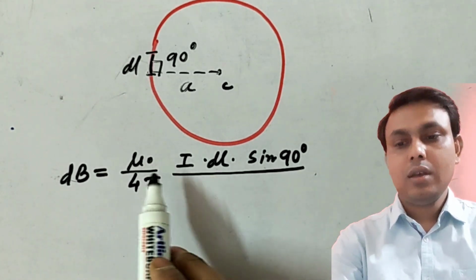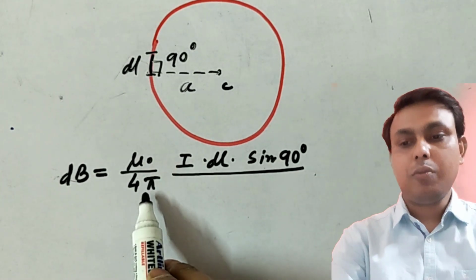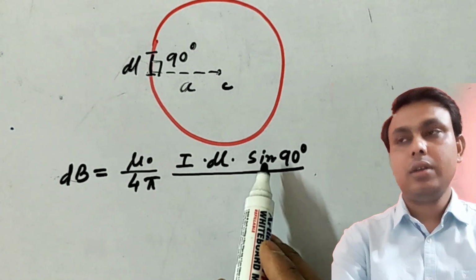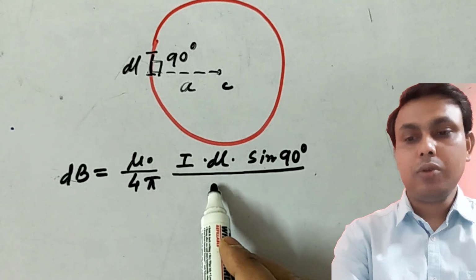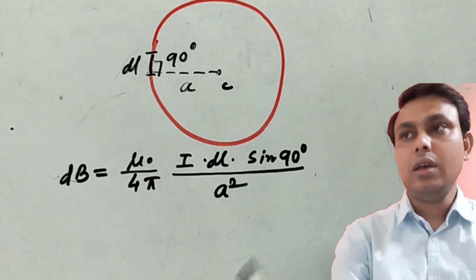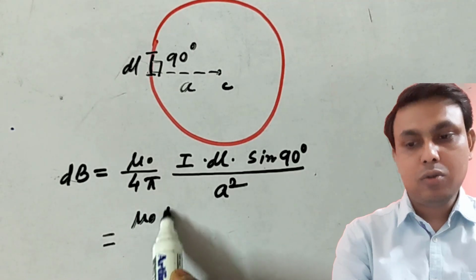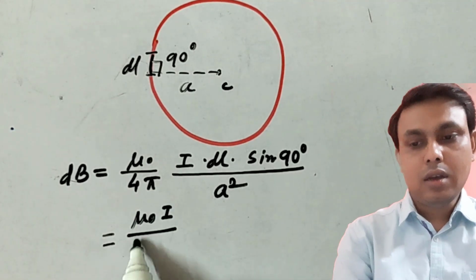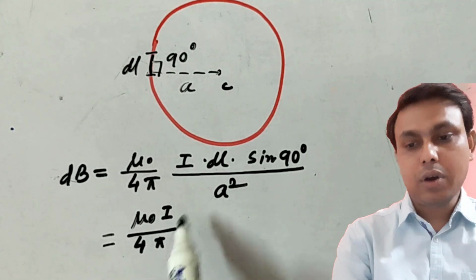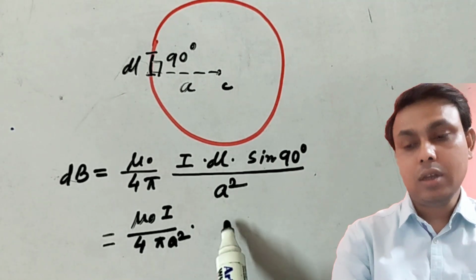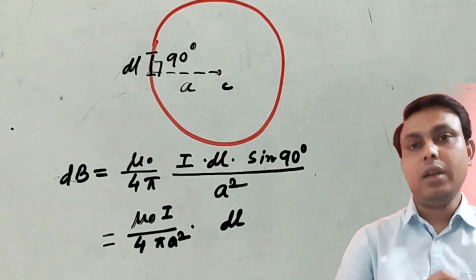So dB equal to mu 0 upon 4 pi I dl sin 90 degree upon a square. Therefore, this will be equal to mu 0 I upon 4 pi a square into dl.